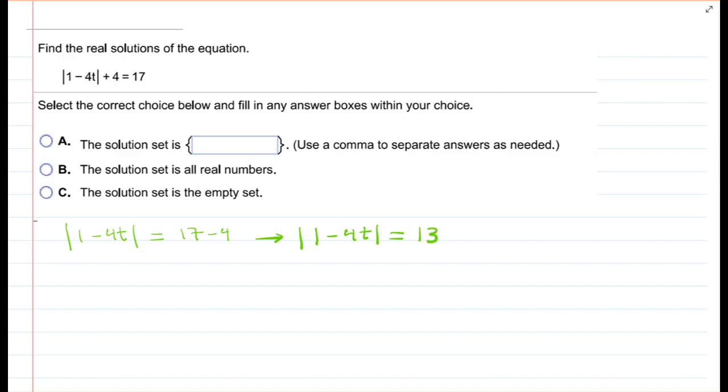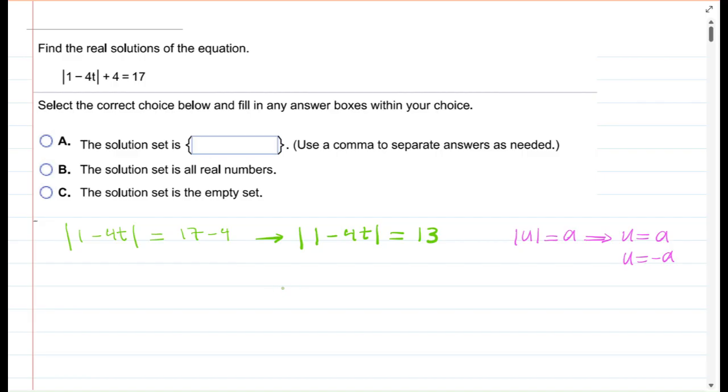What is the rule for absolute value equality? If we have absolute value of u equals a, then u is equal to positive a or negative a. In this case, u is 1 minus 4 times t and a is 13.